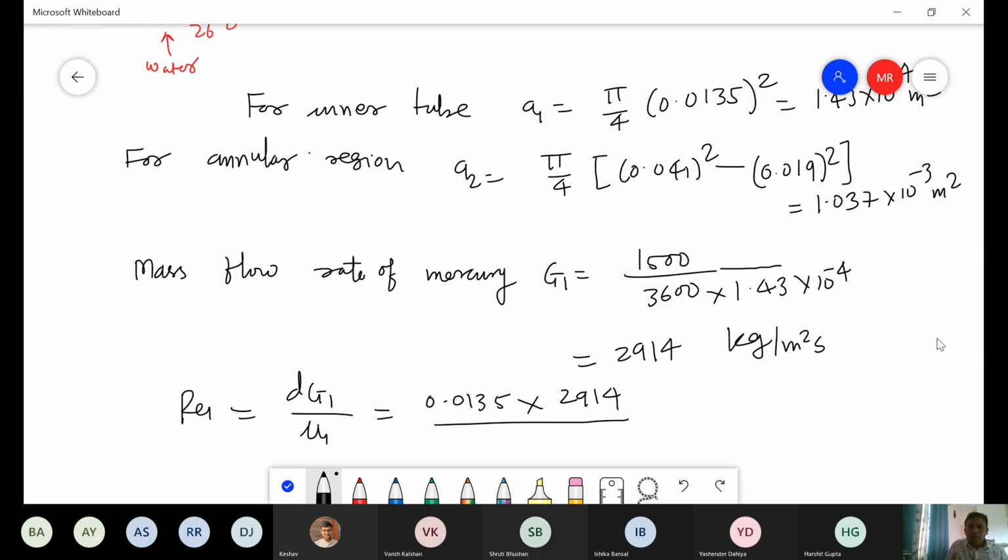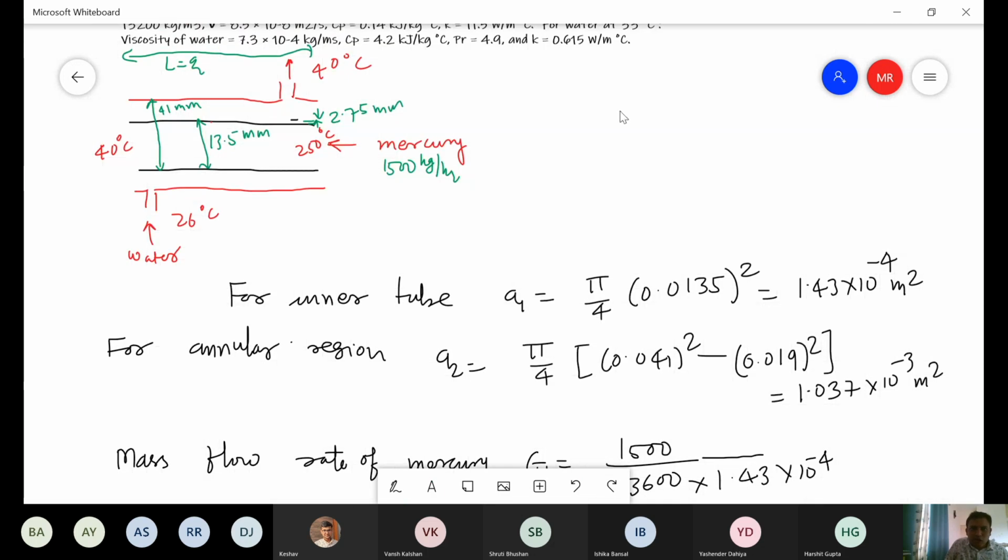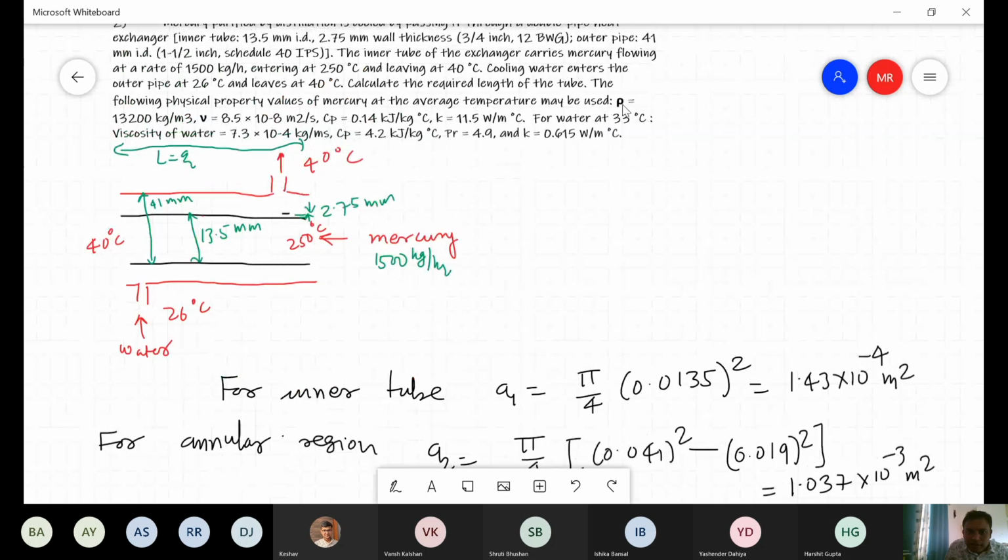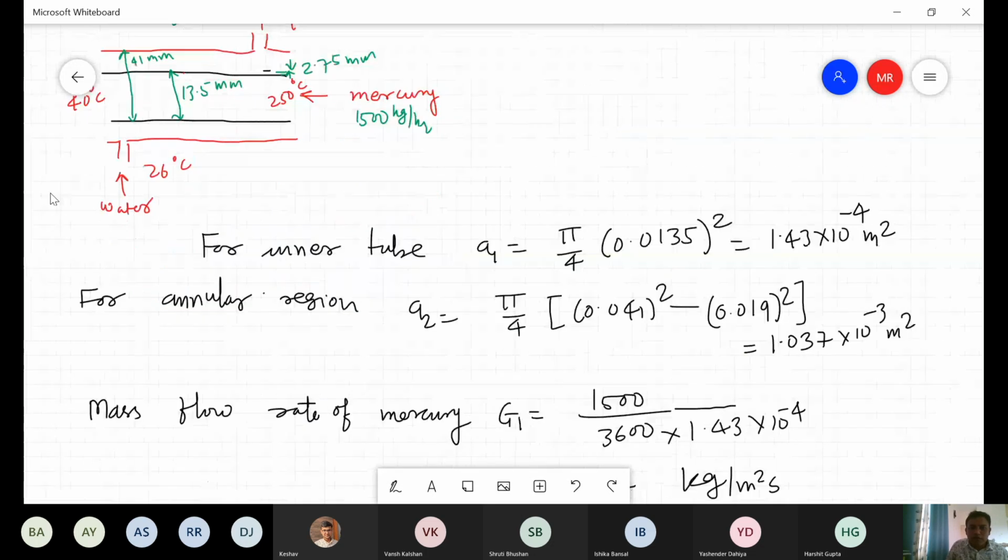For the mercury, what has been given is density and the kinematic viscosity. Density is given as 13200 kg per meter cube. Kinematic viscosity is what? Viscosity divided by density. So if we want viscosity, we have to multiply this kinematic viscosity by rho, isn't it? So that is what has been done here.